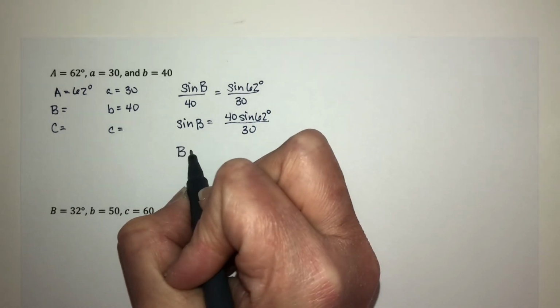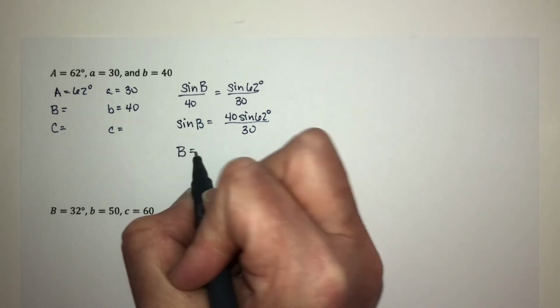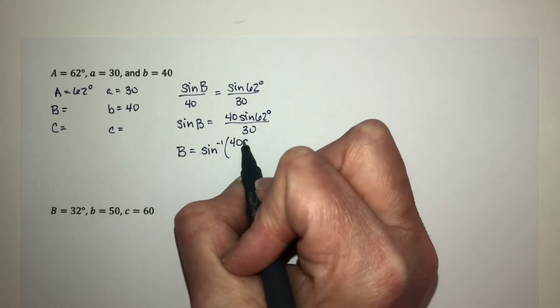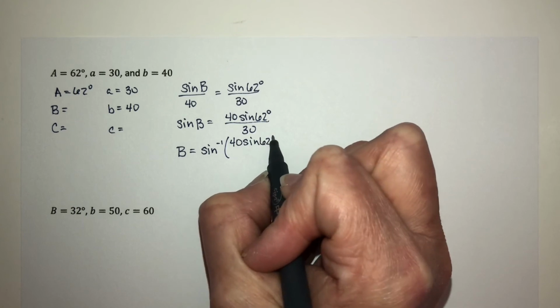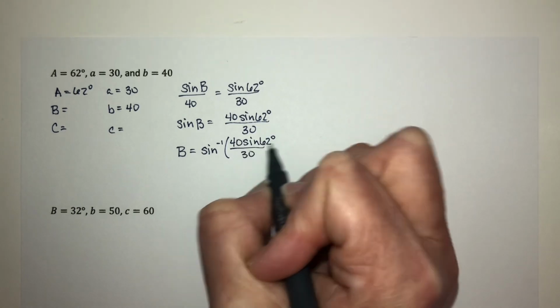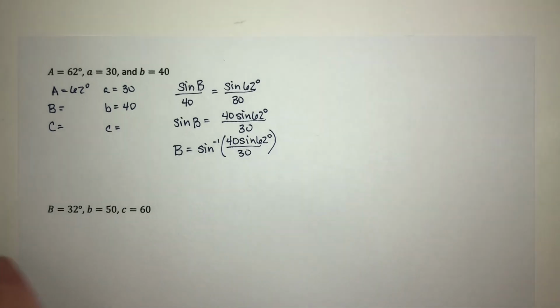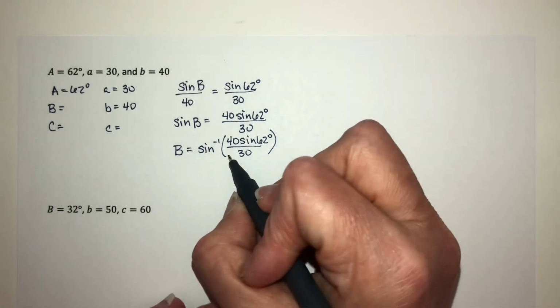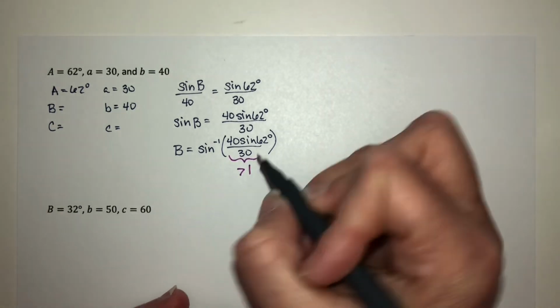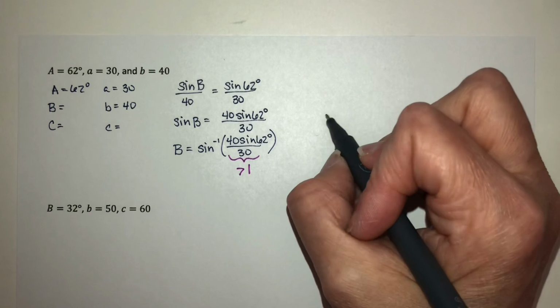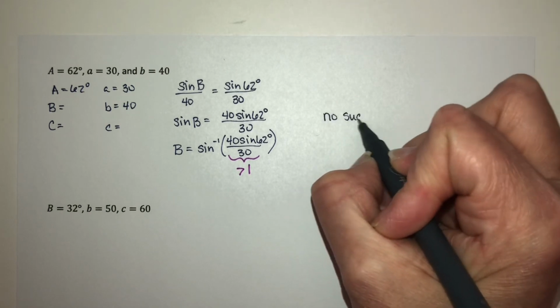So angle B, at least one of your possibilities for angle B, would be sine inverse of 40 sine of 62 degrees over 30. And if you plug that into your calculator, you will get an error. And you will get an error because this part is greater than 1, and we cannot have sine inverse of a number greater than 1. So here, there is no such triangle.